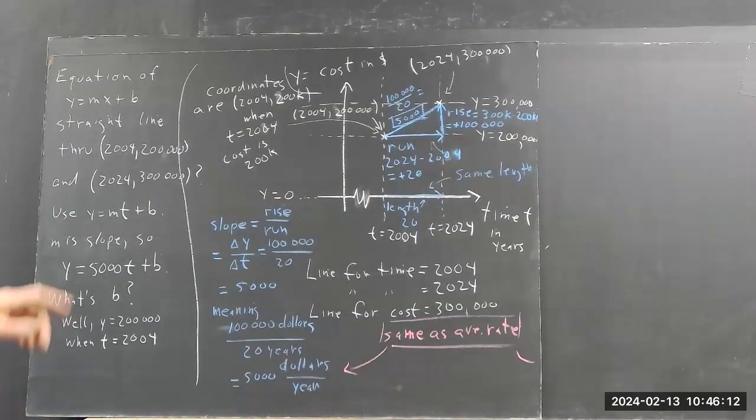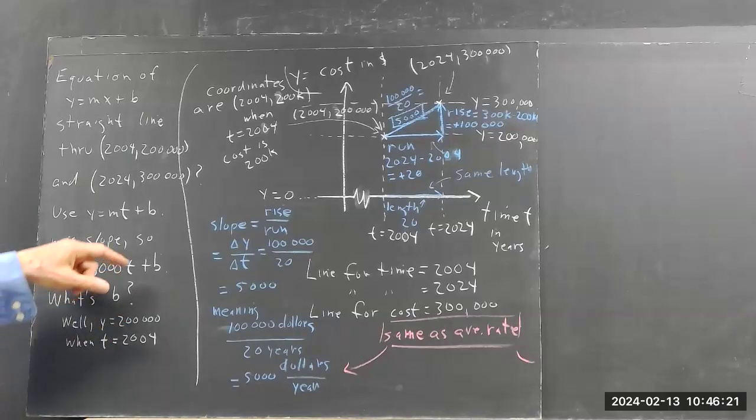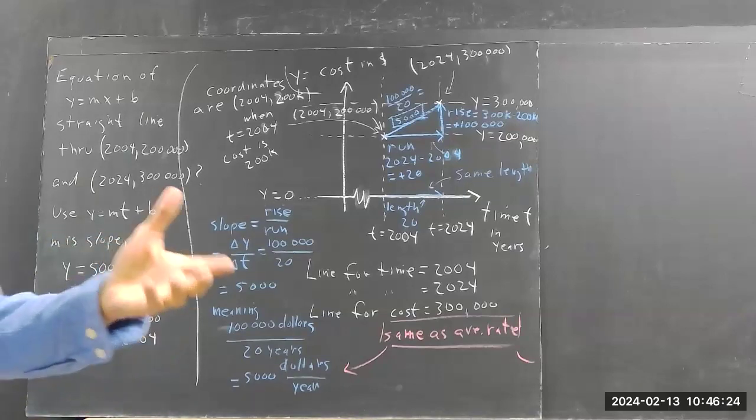So can you write this equation and replace y by 200,000 and t by 2004?